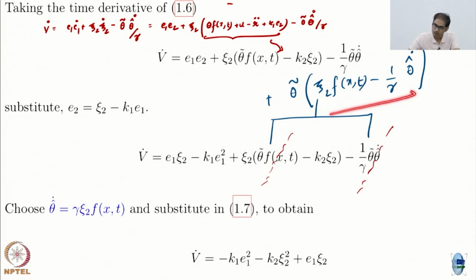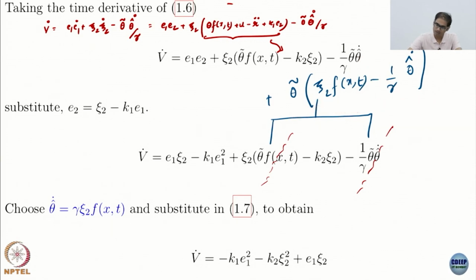I cannot make this negative definite, remember I do not know theta tilde. So, I cannot give something like minus k theta tilde, because theta tilde contains the unknown, it is a parameter error, I do not know it. So, the best I can do is make this 0.